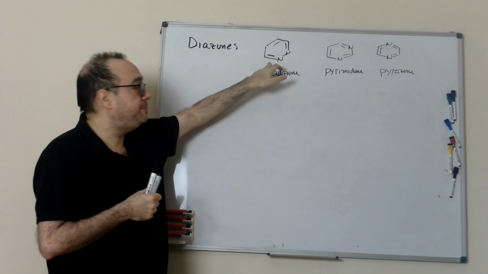For example, if we have this compound, where we have 2 activating groups, these 2 OH, if we do, for example, nitration, what will happen is that we will have the nitration in this position because it's ortho to this group and para to this group.